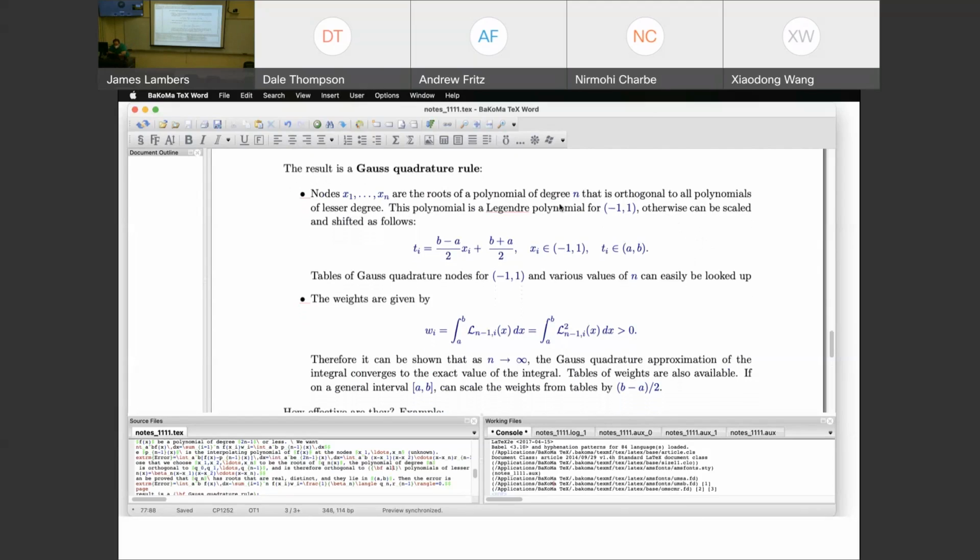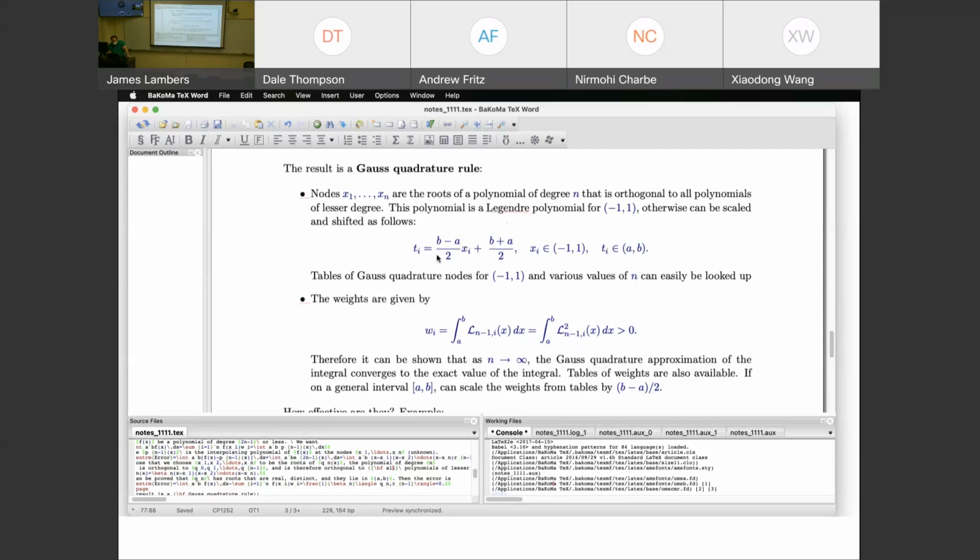Now, what to keep in mind though is that if your interval is minus 1 to 1, your orthogonal polynomials are Gaussian polynomials. So what you want are the roots of a Gaussian polynomial of degree n. Now, if your interval is not minus 1 to 1, there's no need to generate some other sequence of orthogonal polynomials.